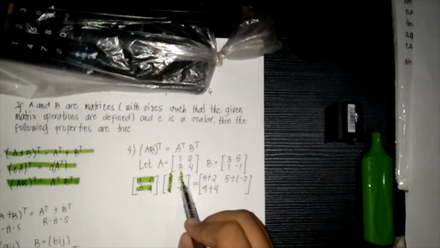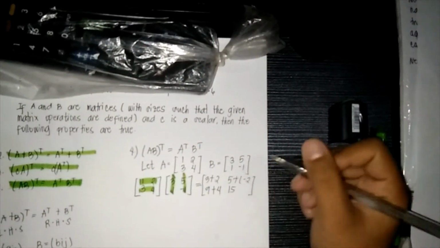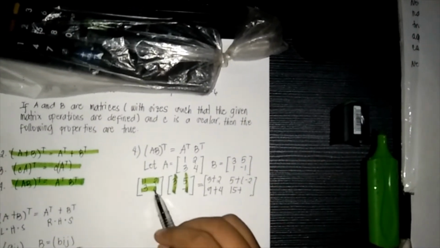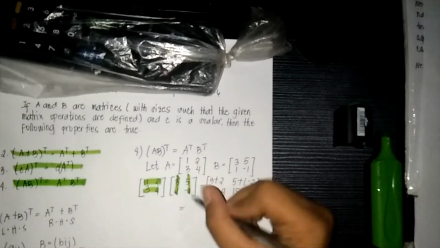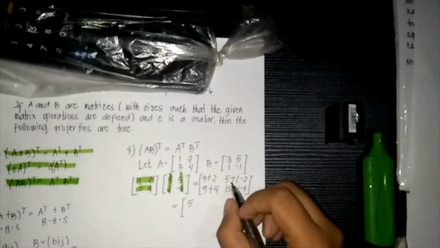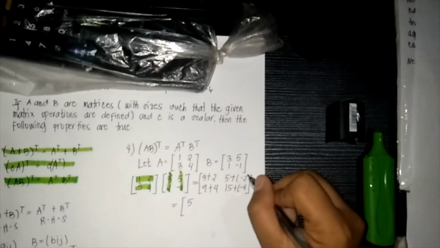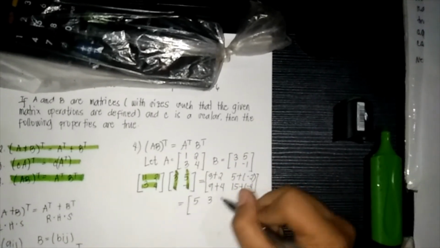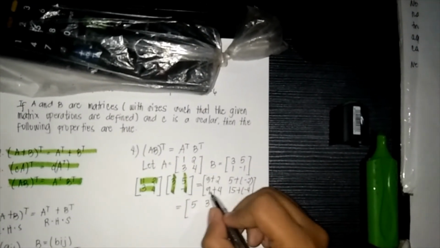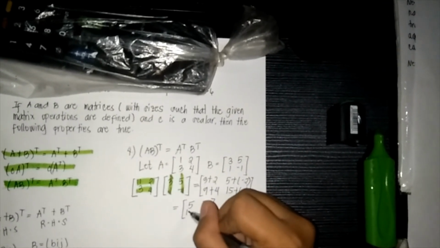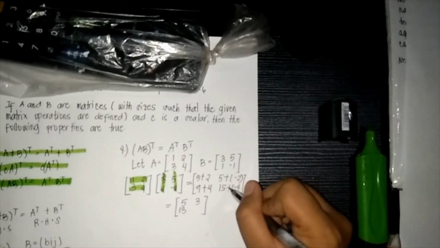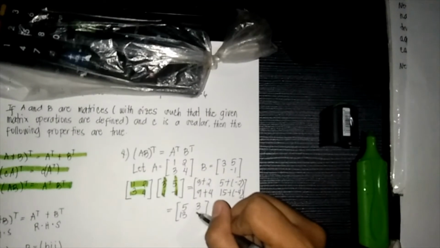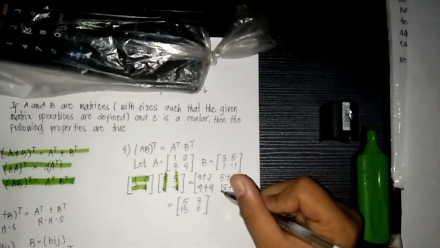Next, 3 times 5 is 15 plus 4 times negative 1 is negative 4. So the answer is 3 plus 2, we have 5. 5 plus negative 2 is 3. Next, 9 plus 4 is 13. 15 plus negative 4 is 11. So this is the answer.